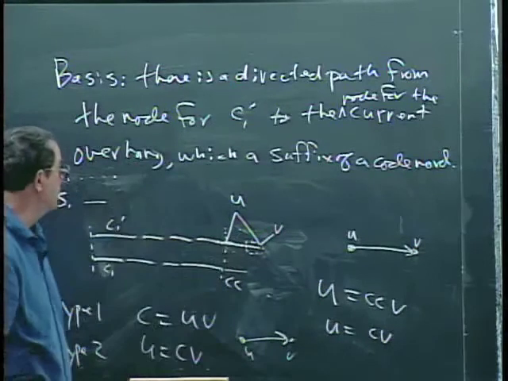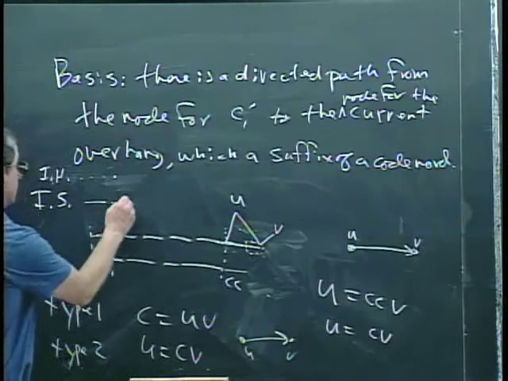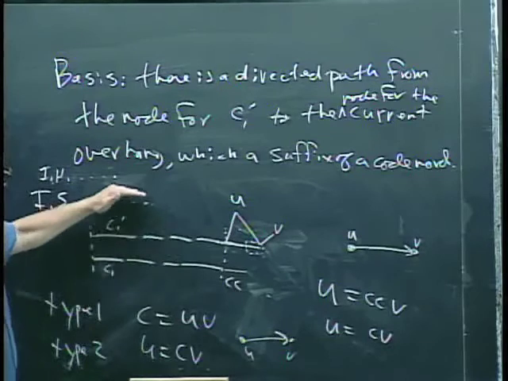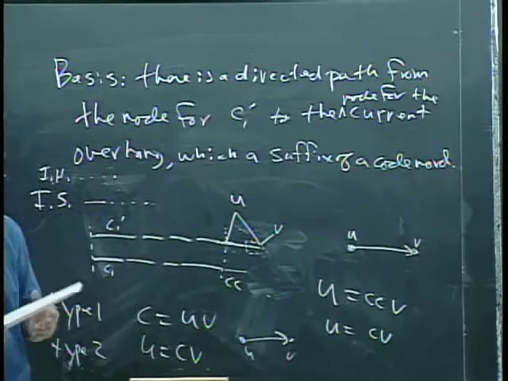V is the current overhang, which is a suffix of a code word. Okay? So, write down everything I just said, and you have the argument for the inductive step. And that's written down in the notes.